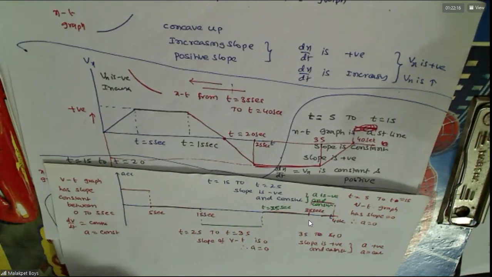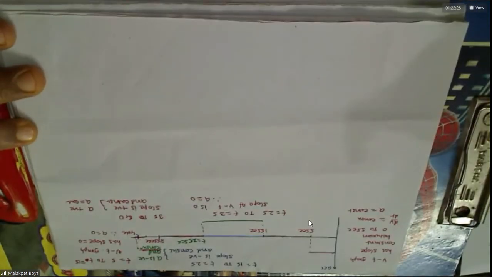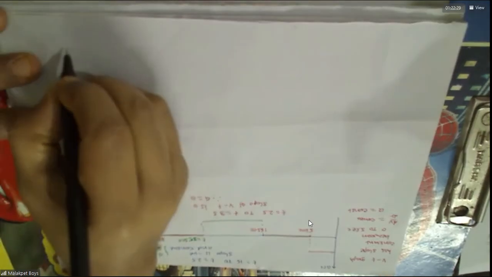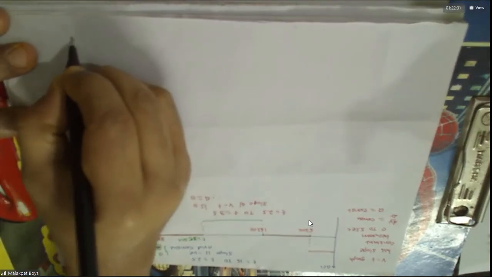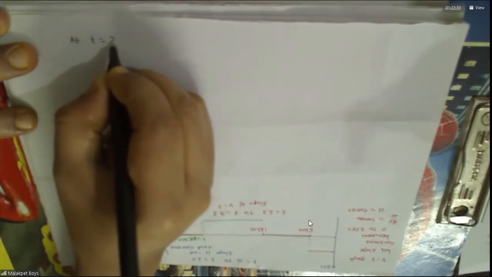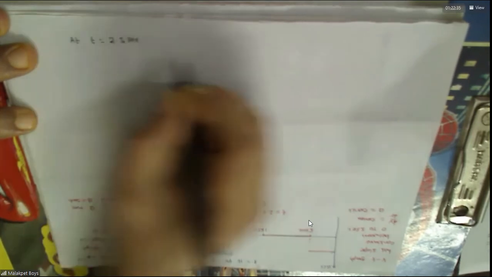Hello? Yes, sir. Completed. Now one more part is asking: draw the positions of the particles to locate how they are at different instants. Now at t equals 2.5 seconds, this is the origin.